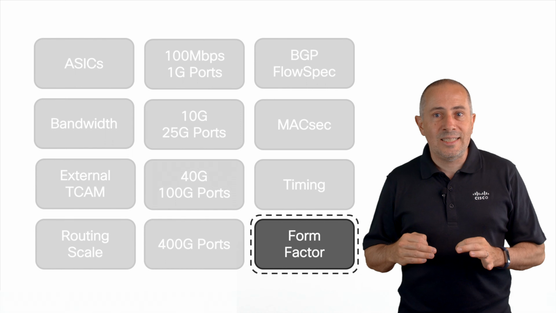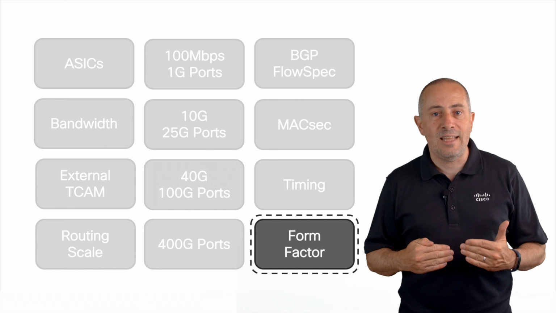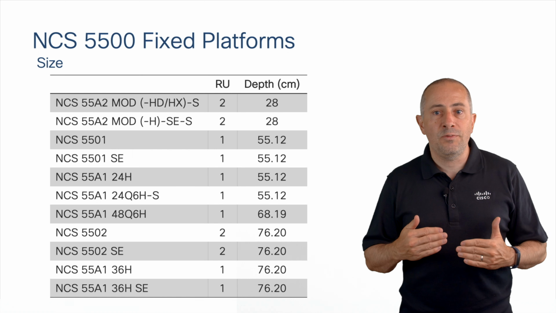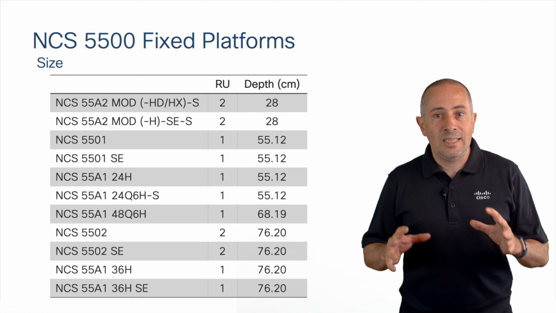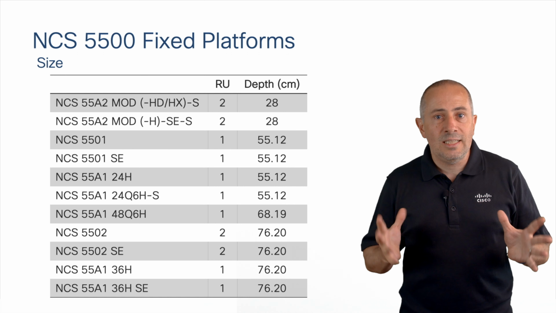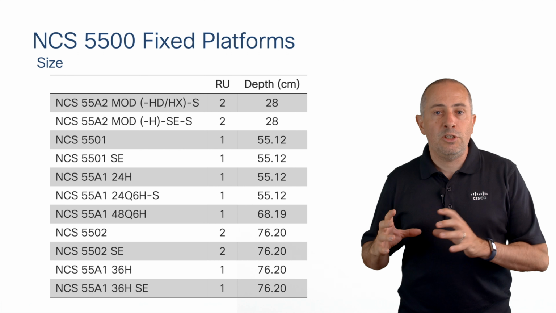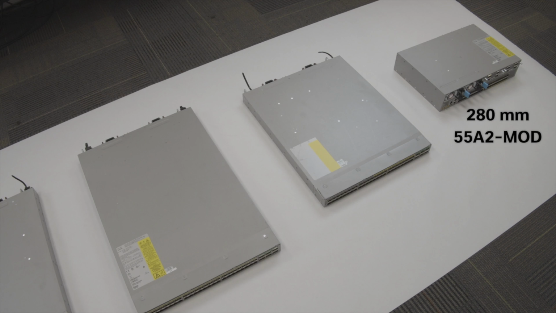The last angle I will take to compare all these routers is the form factor, and more specifically the depth. It may not be the first thing you consider, but it's actually a very important parameter to keep in mind depending on the facility where you plan to rack your system. And this dimension varies significantly among the different routers of the family. The smallest one is the 55A2 mode, 28 centimeters.